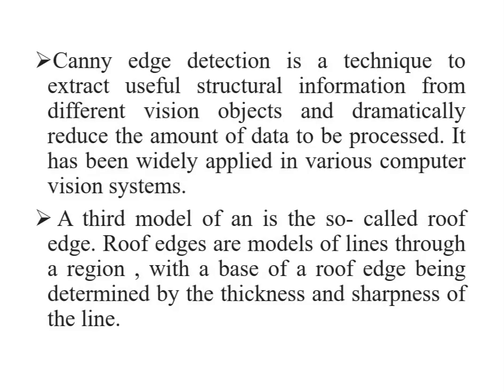As in the above discussion, moving from left to right along the intensity profile, we note that the first derivative is positive at the onset of the ramp and at points on the ramp, and it is zero in the areas of constant intensity. The second derivative is positive at the beginning of the ramp, negative at the end of the ramp, and zero at points on the ramp, and zero at points of constant intensity.